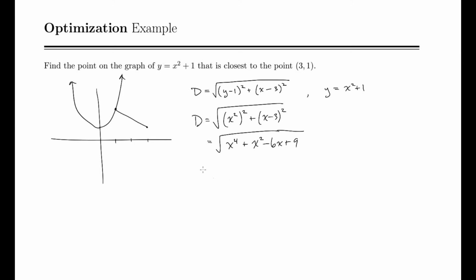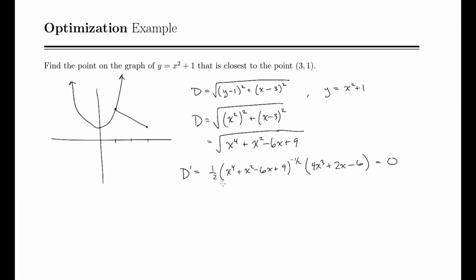Well, now we're taking the derivative of this, so d prime. So this is something to the 1/2, so we pull the 1/2 down and then have all of that to the negative 1/2, and then times the derivative of the inside. That's 4x cubed plus 2x minus 6. And we need this to equal 0.